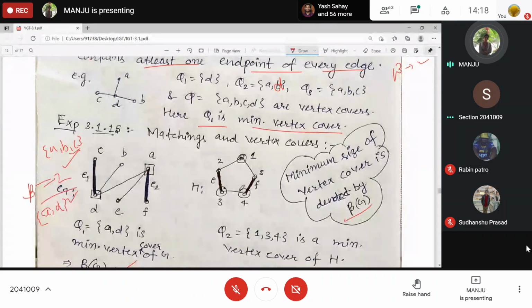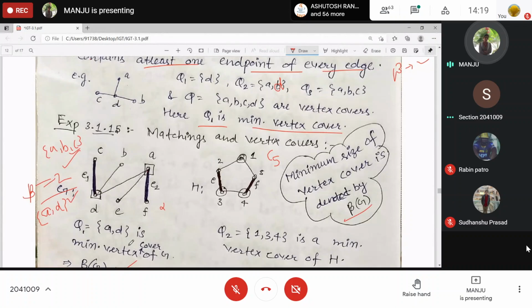What about this C5? Here you can also talk about alpha, beta, alpha dash. Beta we have done, 2. Alpha dash we have done, that is also 2. What about alpha?